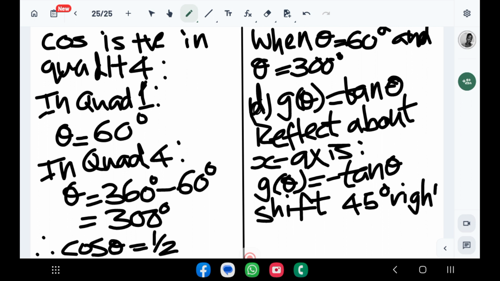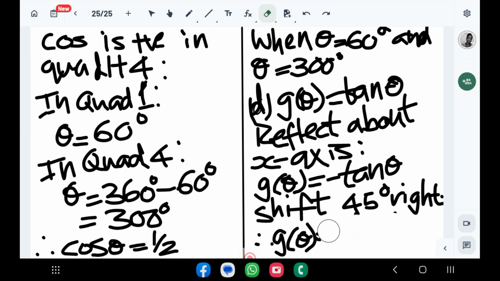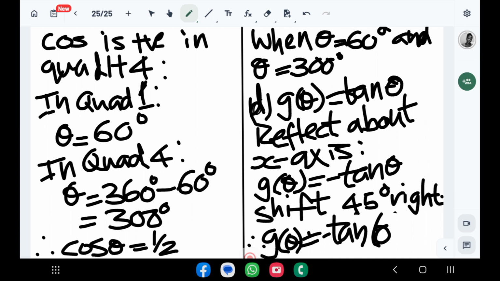G of theta equals minus tan of theta minus 45. Therefore, G of theta equals minus tan of (theta minus 45). That's 45 degrees to the right. And that is the last bit of the question, and that is the final answer.